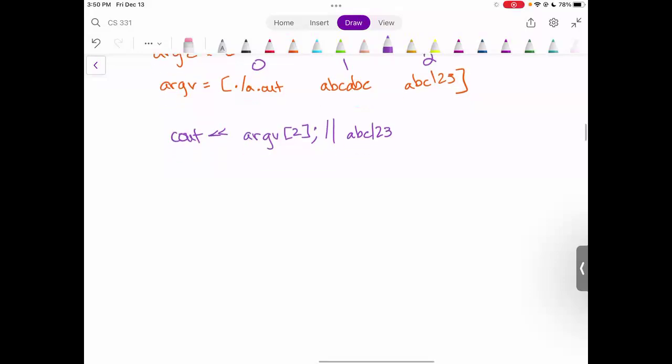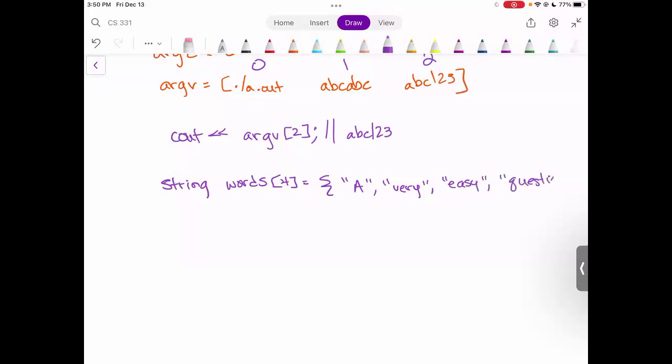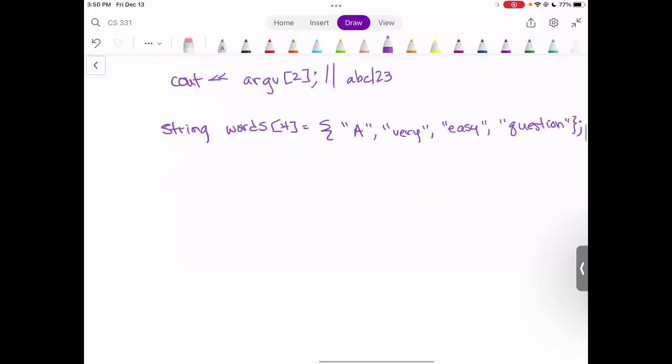Okay. Now let's add in this string words of 4 equals, and I'm pulling this out of one of the old review questions, a very easy question. Okay.